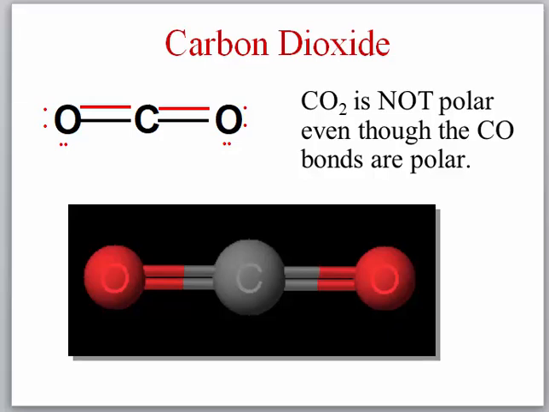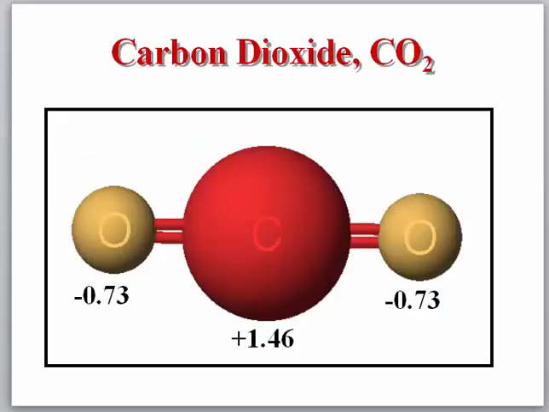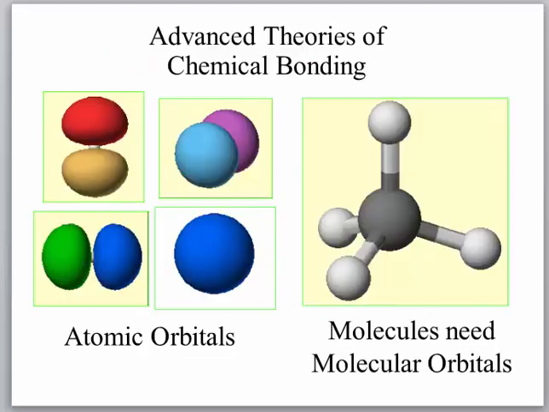Carbon dioxide is not polar, even though the bonds are polar, because of the canceling of those polarities due to the symmetry of the structure. So once you can determine polarity, that leads you to our next chapter on intermolecular forces.